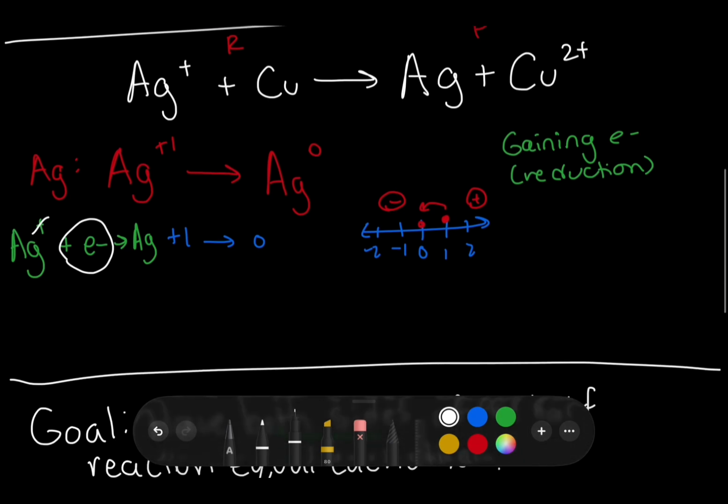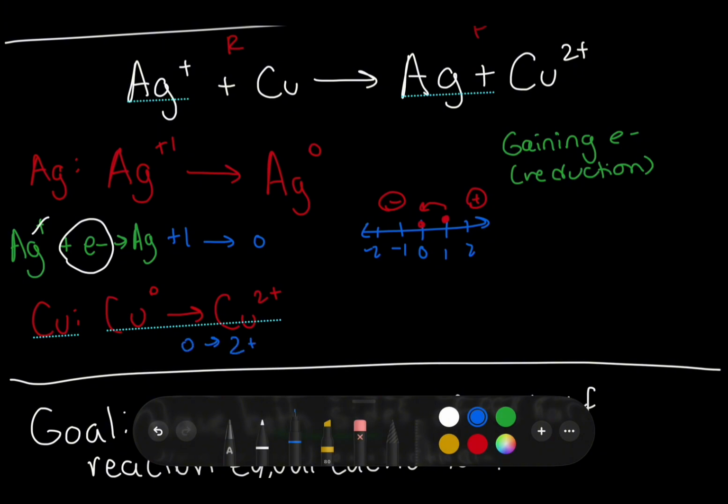Now if we look at Cu, in the reactant side it starts off as just Cu. It has no specific charge, so we're going to make it 0. And then after the reaction, it becomes Cu2+. So what we're seeing here is that it's going from a 0 to a 2+. That means it's becoming more positive.